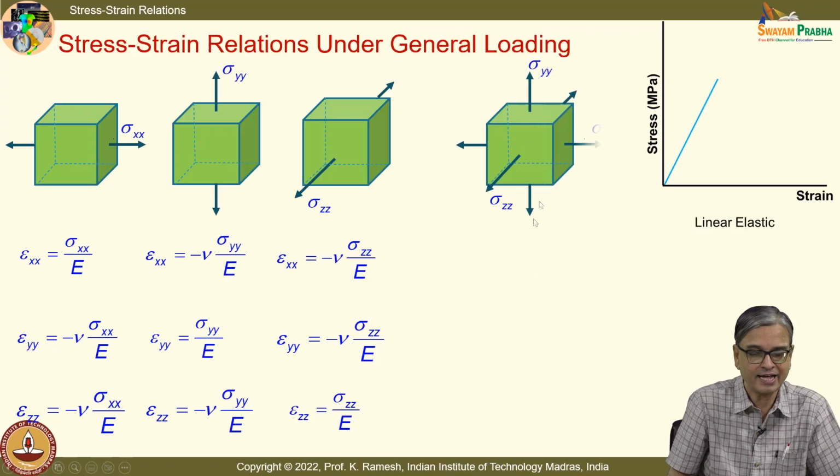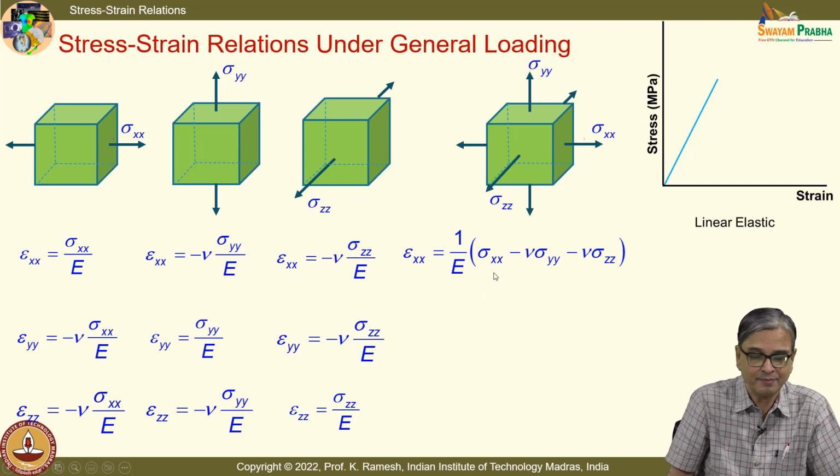Yeah. I have a system where I have sigma xx, sigma yy and sigma zz acting. And I write by superposition epsilon xx as 1 by E multiplied by sigma xx minus nu times sigma yy minus nu times sigma zz.